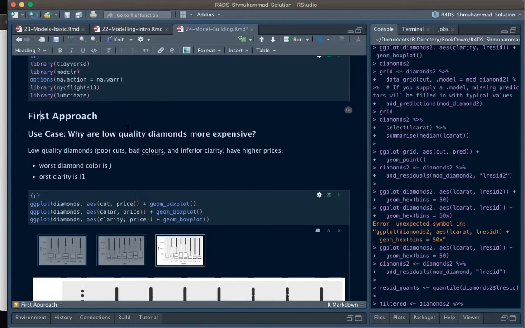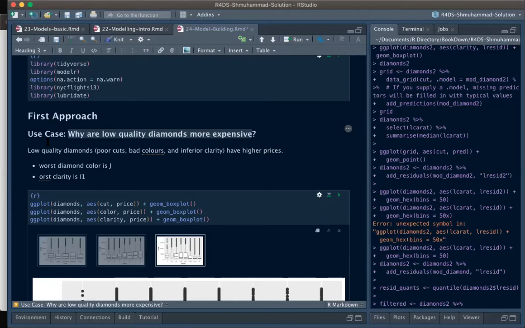All right. So this is the data set that we're going to use. The use case is: why are low quality diamonds more expensive? We're going to use a diamonds data set, and we will see that there is some kind of intuition in the data set in which low quality diamonds, which have poor cut, bad colors, and inferior clarity, have higher prices.